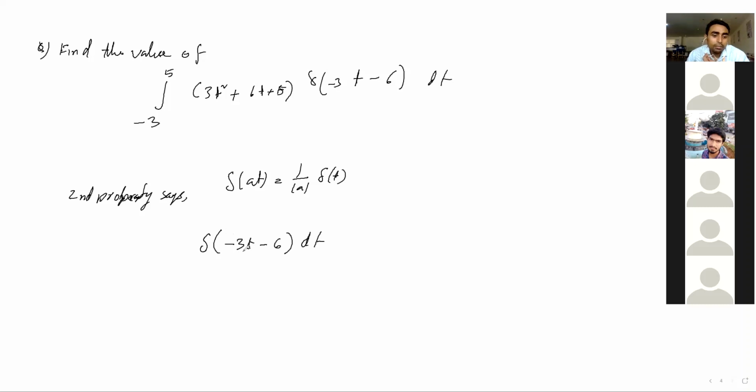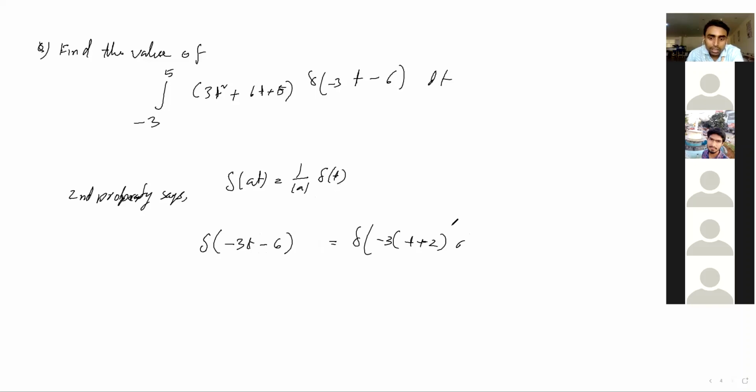δ(−3t − 6): here you can see a scaled version, where the value of a is given. I want to remove the scale so that I can find δ(t) separately.